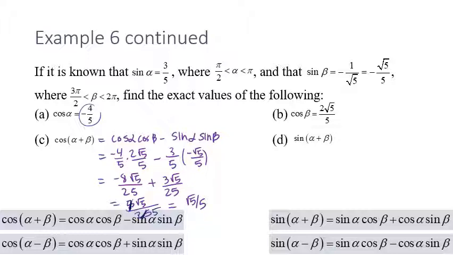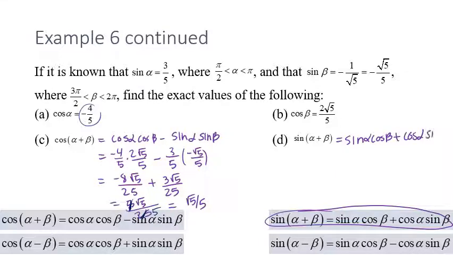All right, over here, using the sum formula, that's going to give me sine of alpha, cosine of beta, plus cosine of alpha, sine of beta. So sine of alpha was 3/5. Cosine of beta is 2 root 5 over 5, plus the cosine of alpha, which is negative 4/5, times the sine of beta, which is negative root 5 over 5.